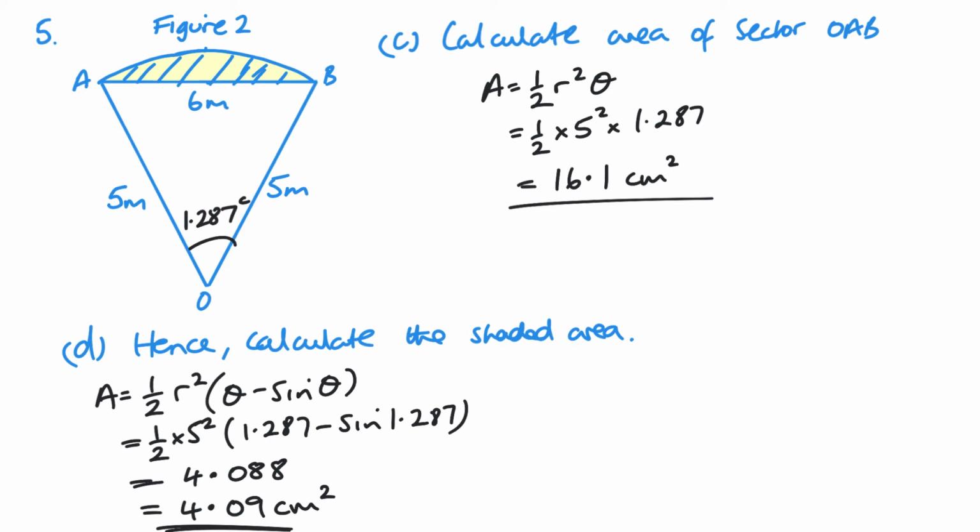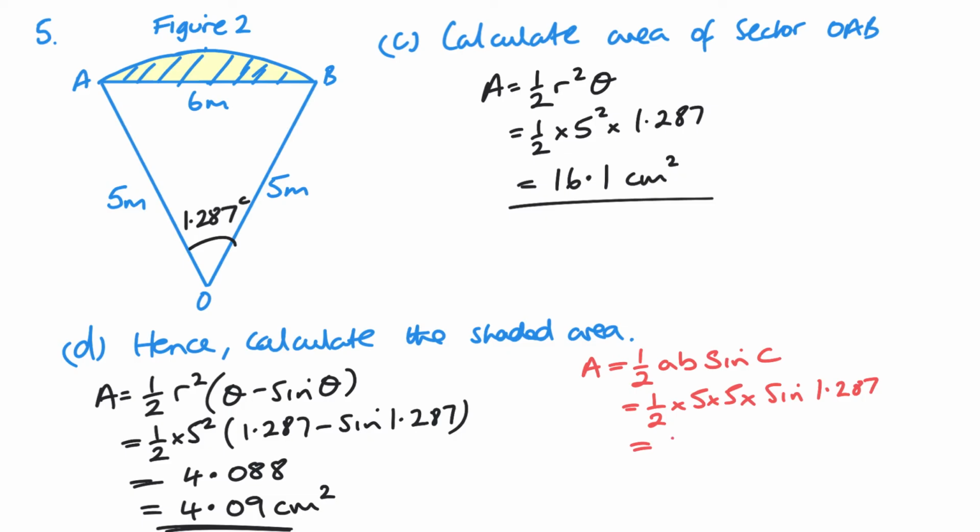Now, if you did want to use your answer to part C, you could have just found the area of the triangle. So I'll do it that way as well. Area of the triangle is a half AB sine C. So it's the half times 5 times 5 times sine 1.287.